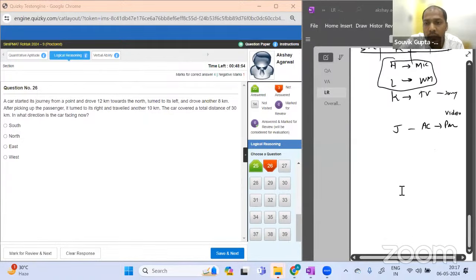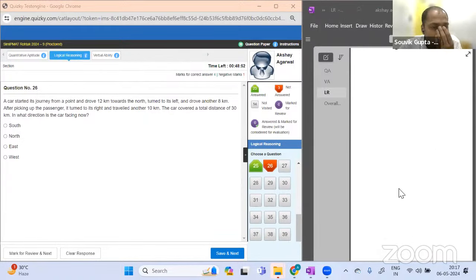So a car started its journey from a point and drove 12 kilometers to the north, turned to its left. Okay, 12 north, turned to the left, and drove another 8. After picking up the passenger, it turned to its right and traveled another 10 kilometers. So 10.